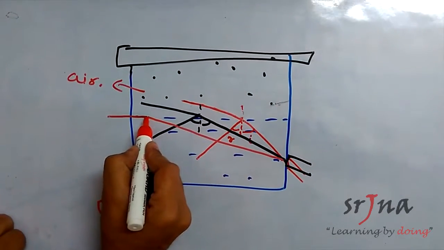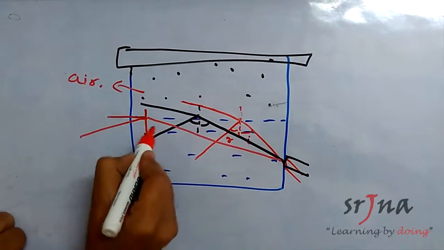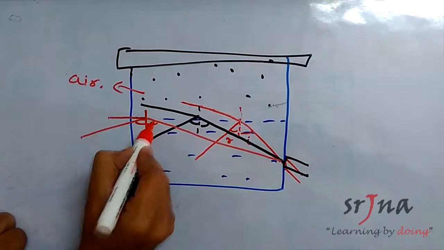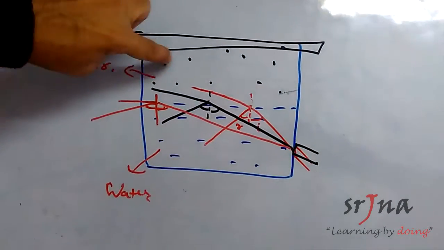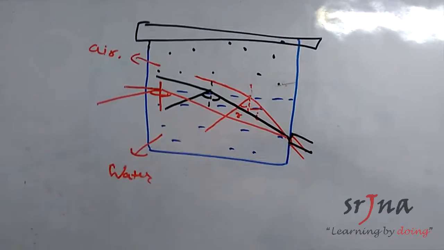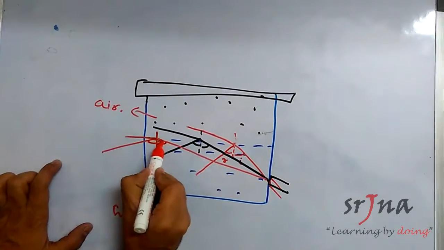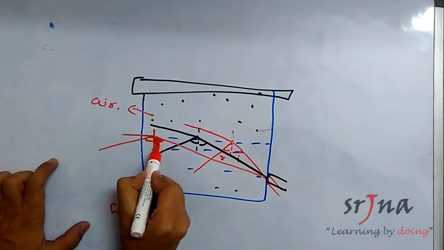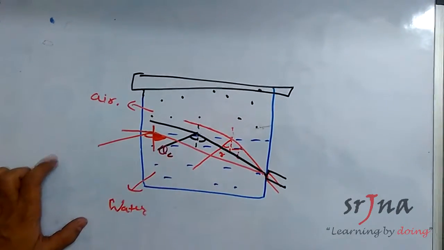And the reflected ray is anyway there. So this particular angle, where the ray bends along the water surface, where no refraction is taking place, just reflection, this angle is what we call the critical angle. This angle that I have marked is what we call theta c, that is the critical angle.